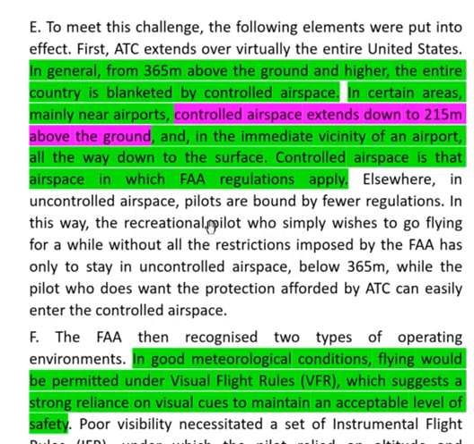In certain areas, mainly near airports, controlled airspace extends down to 215 meters above the ground, and in the immediate vicinity of an airport, all the way down to the surface. Controlled airspace is that airspace in which FAA regulations apply.